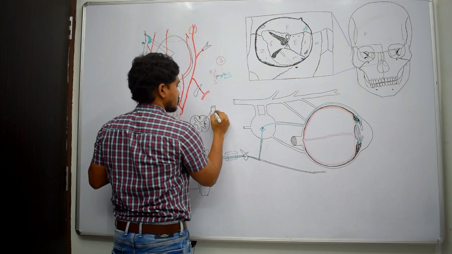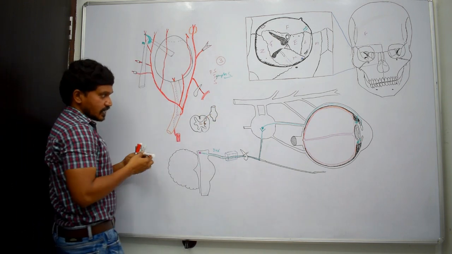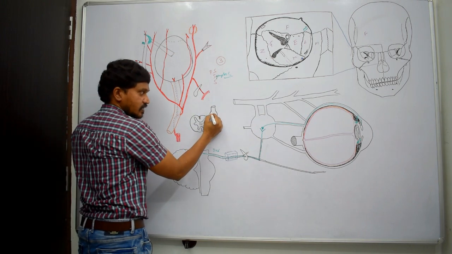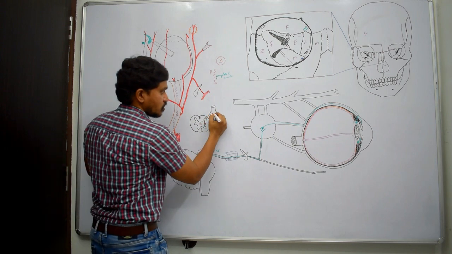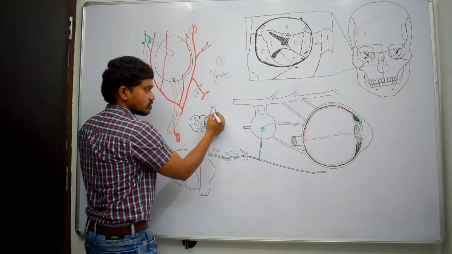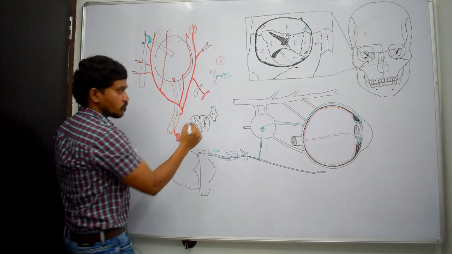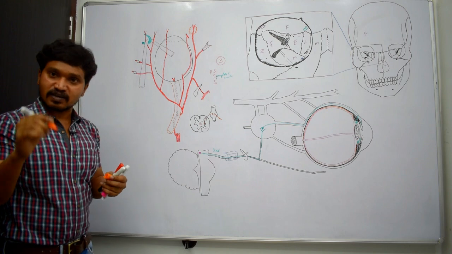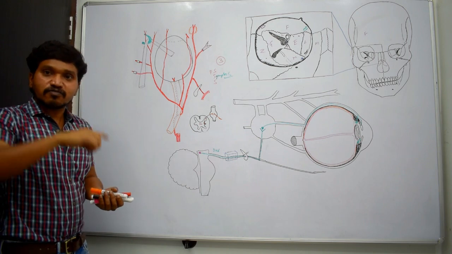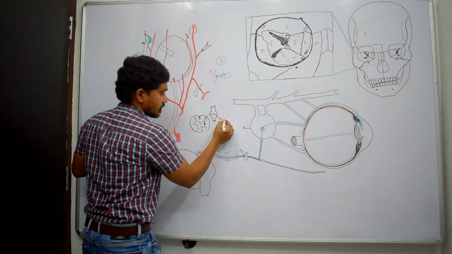Imagine this is the superior cervical ganglion. So preganglionic fibers are relaying in the superior cervical ganglion, right? From here postganglionic fibers will be arising, no? This is the sympathetic root. So postganglionic fibers come out from the superior cervical ganglion and form a plexus around the internal carotid artery.